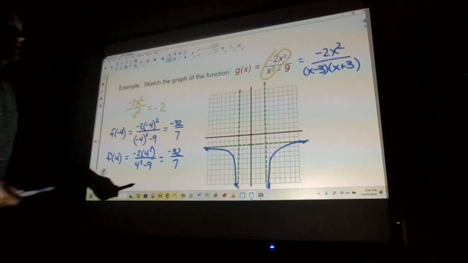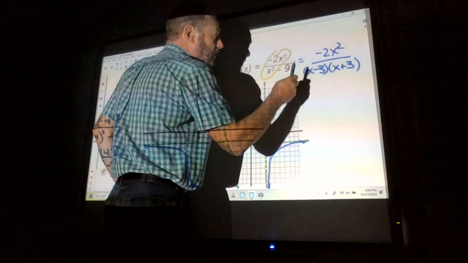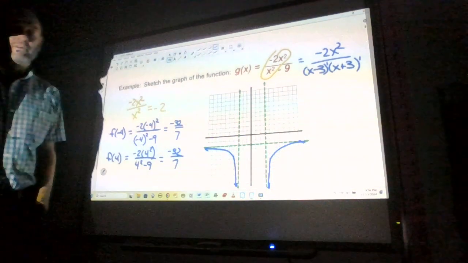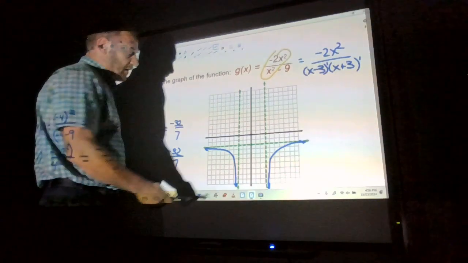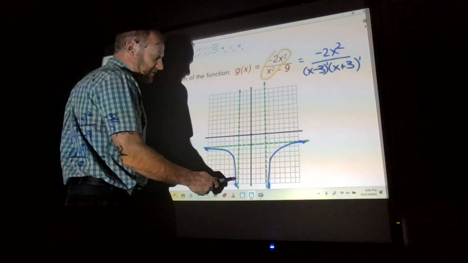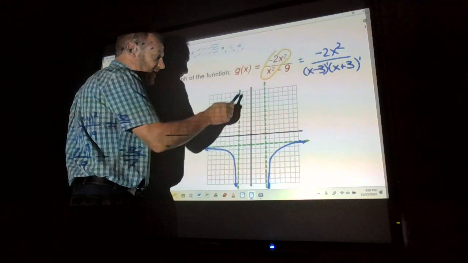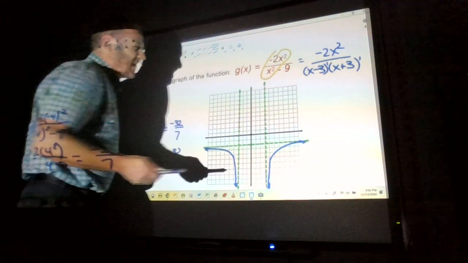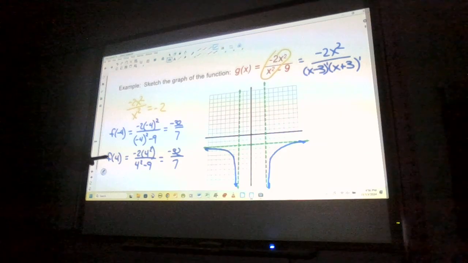Now, if I look at the multiplicity, this one has a multiplicity of 1 because it's to the 1 power. Both of them have a multiplicity of 1, which means that at each of these vertical asymptotes it's going to go down on one side and up on the other, which means this thing in the middle is going to do something like this. It's going to be U-shaped. I just have to figure out where it is.